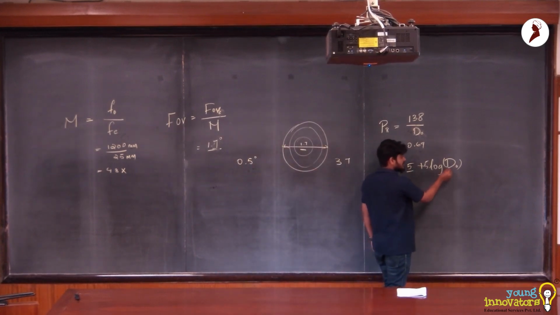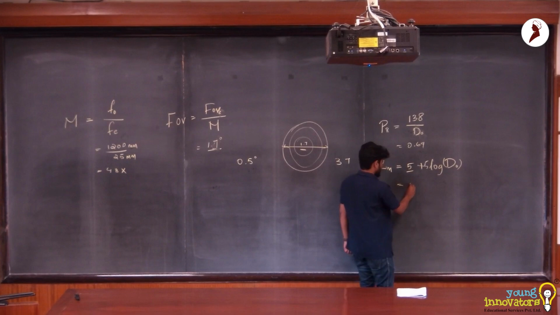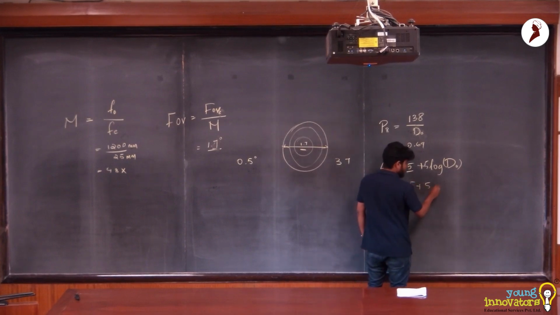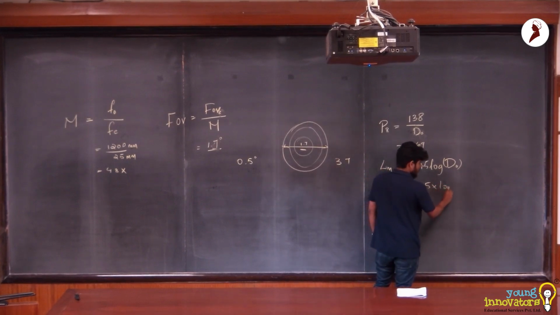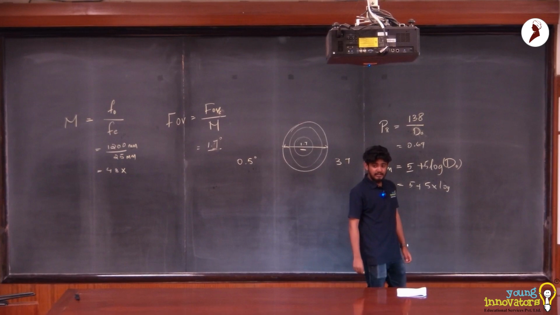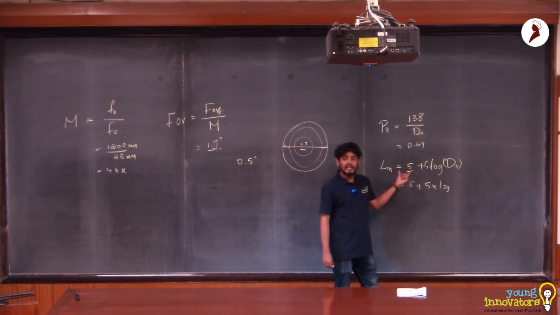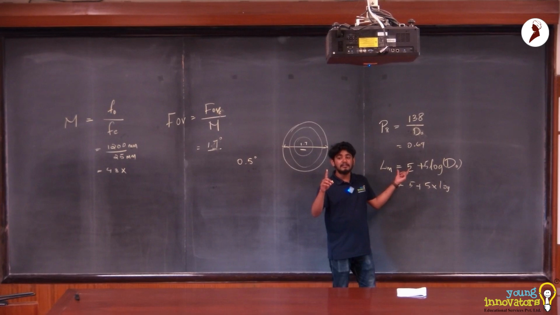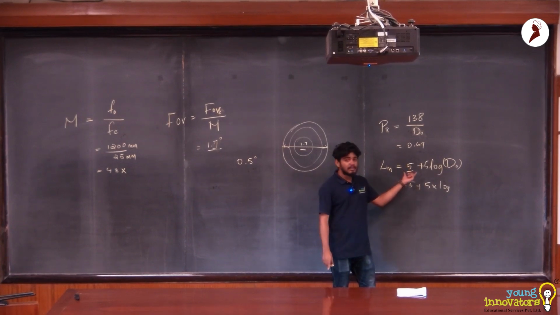The aperture is this. 5 plus 5 times log 130. Now remember I told you 5 is the limiting magnitude of a 1 centimeter telescope, and I am giving you the aperture value in millimeter. So here you have centimeter, here you have millimeter.